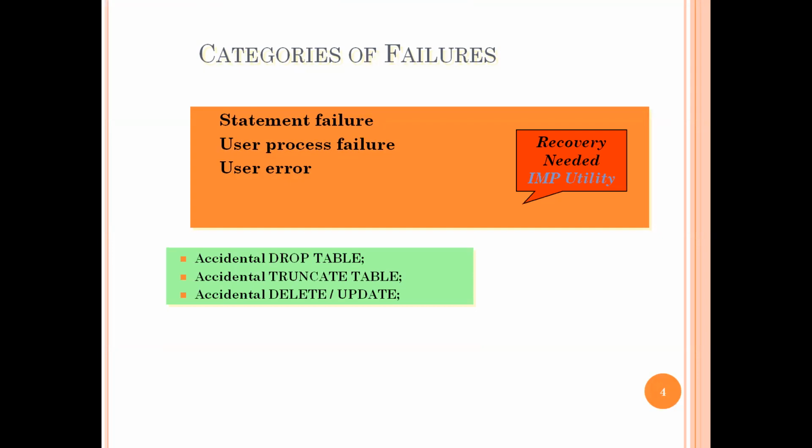Only one table can be got back, or the whole tablespace can be got back, or the whole user schema which had tables, indexes, tablespaces, that whole thing can be got back. So there are different levels. We'll see that in a different chapter when we discuss import and export.